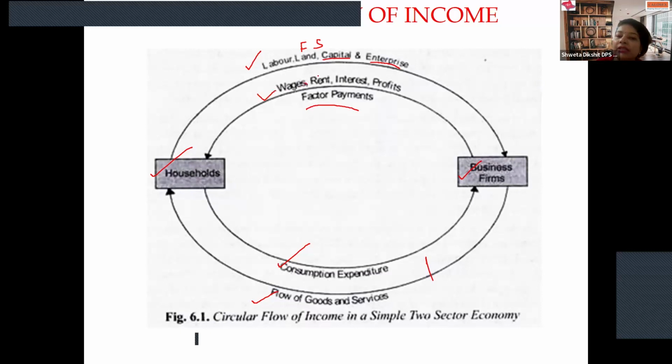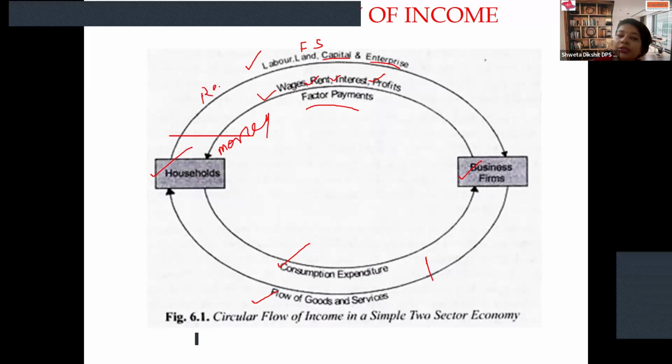Wages, rents, interest, and the profits. Now, when it is about the payments or the expenditure, it means it involves money. So the internal circle is talking about the money flow. I repeat, it is talking about the money flow, whereas the outer circle is talking about the real flow.